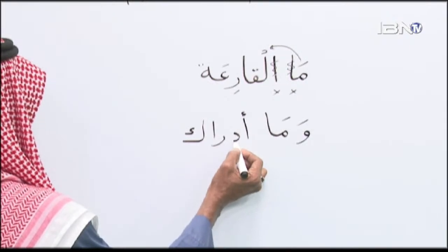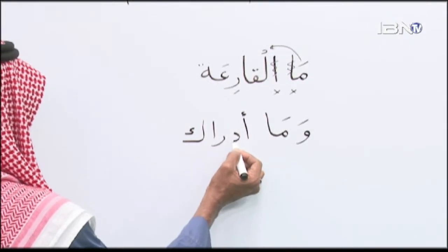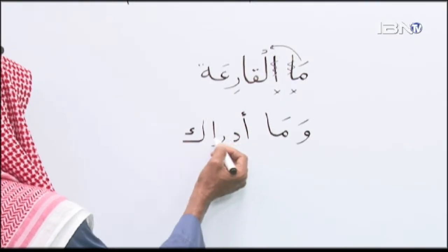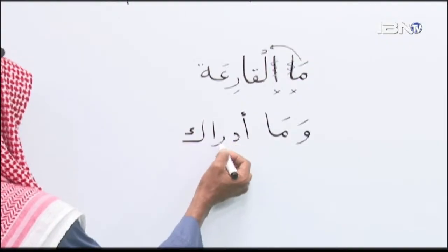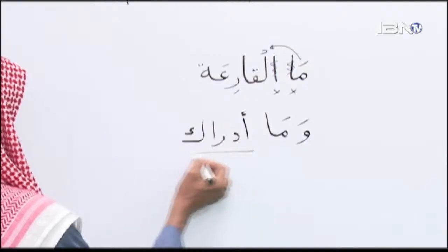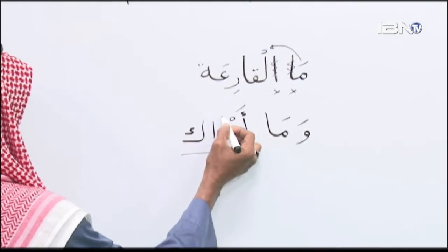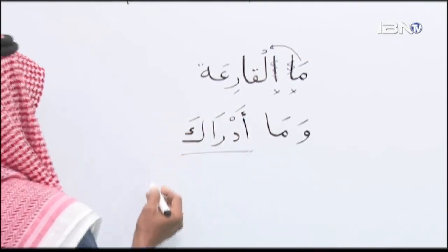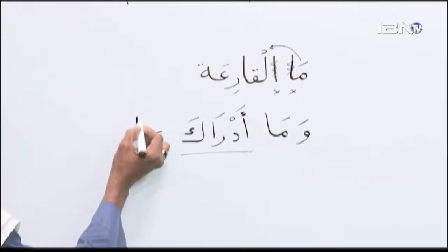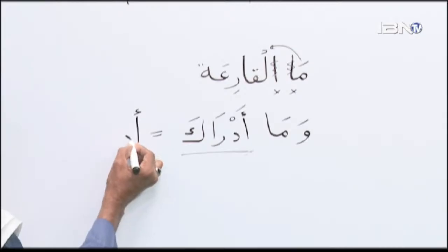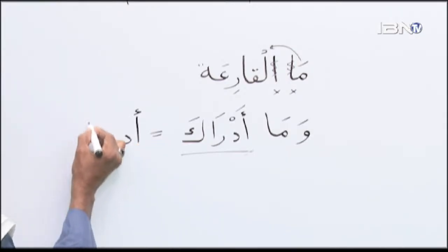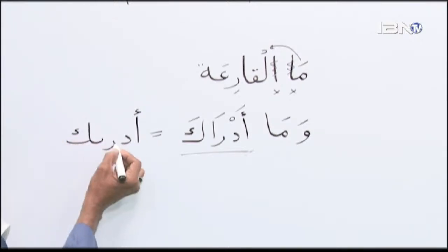Likewise, the dal was not attached to the ra because dal is one of the 6 letters that does not allow attachment to letters coming after. Likewise, the ra, the same thing. Likewise, the alif here again. So that's it. We have ad, ra, ka, which in the Quran is written like this.